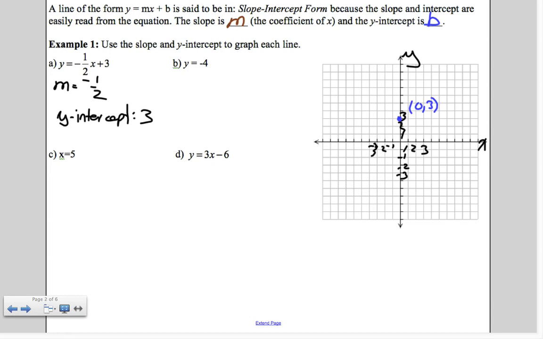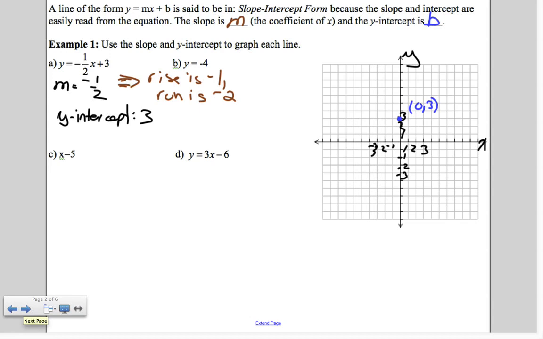We say yeah. How come? What do we do, Pooja? Since it's -1/2, the rise would be -1. So here I'm going to say rise is -1. And then the run is -2?